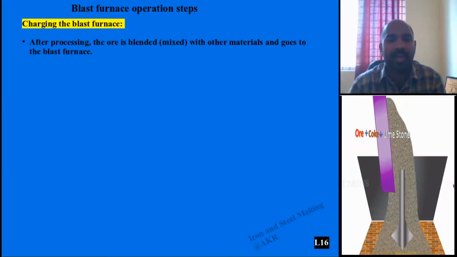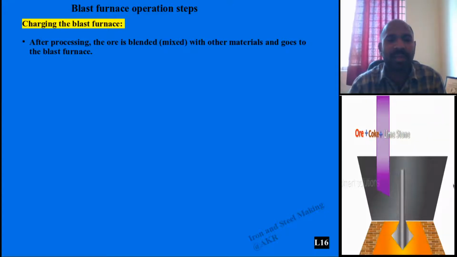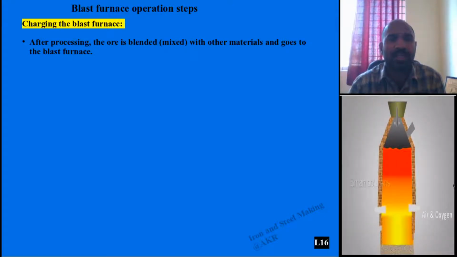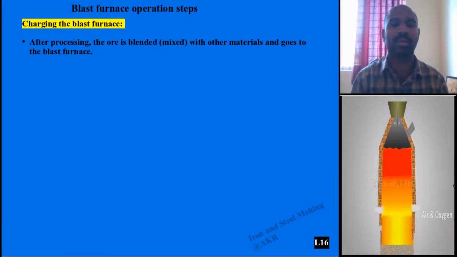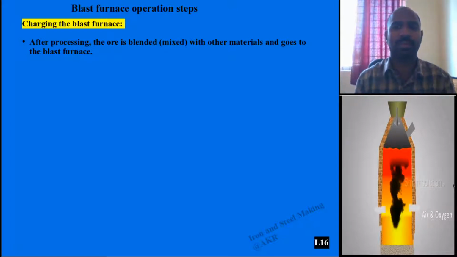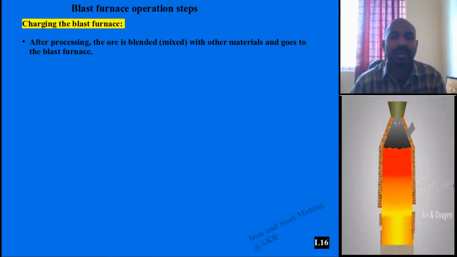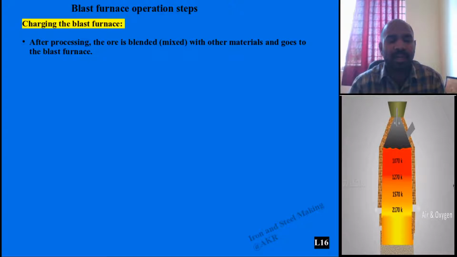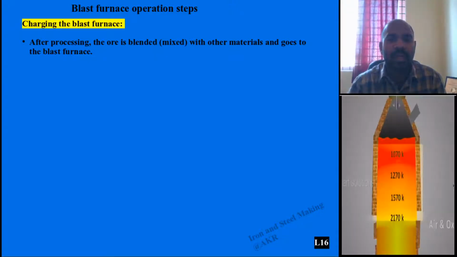What is the raw material? After processing, for example, iron ore is supposed to be beneficiated through the mineral processing steps, and that iron ore is blended or mixed with limestone and coke in the charging process and fed into the blast furnace.